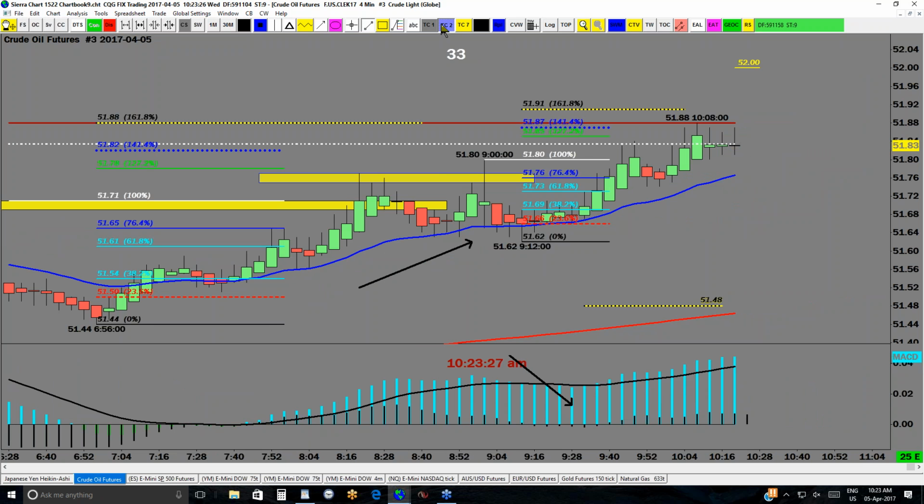Just another quick little update. We're looking at a confluence area for a pullback, a larger time frame Fibonacci number. So this one comes in confluence at 51.50. So we have our original 51.48.